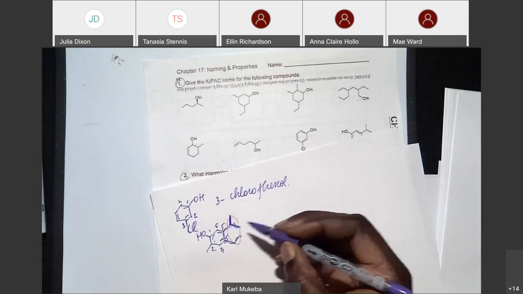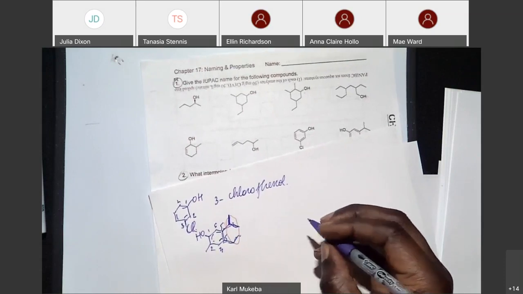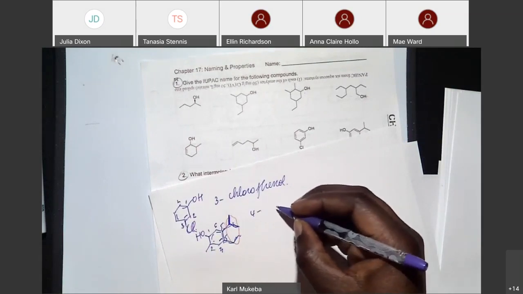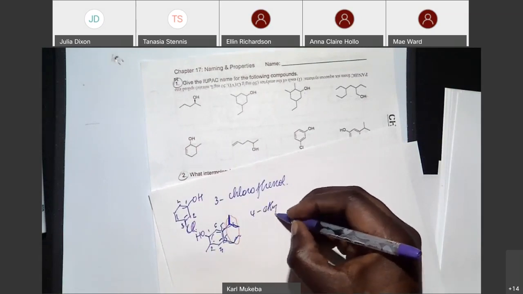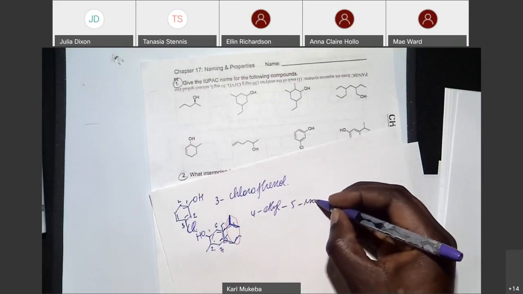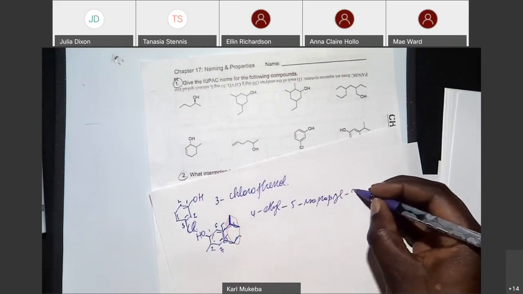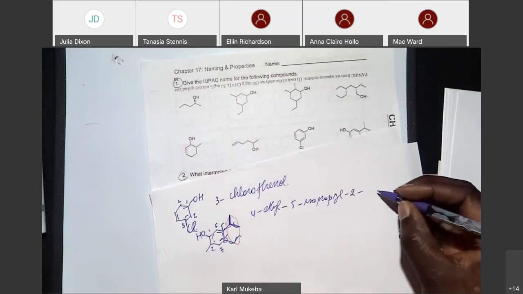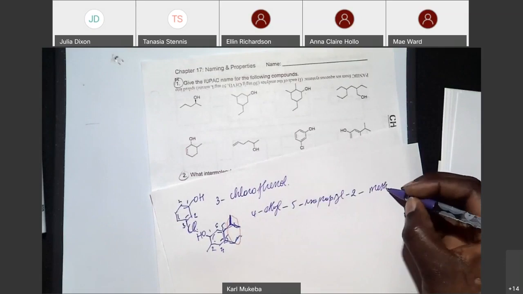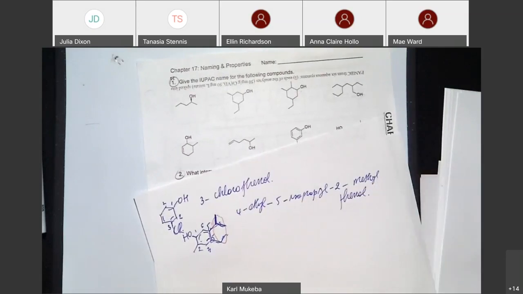At the 5 position, we have isopropyl. So we will have 4-ethyl, 5-isopropyl, 2-methyl, what? Phenol, right? Does that make sense to you so far?